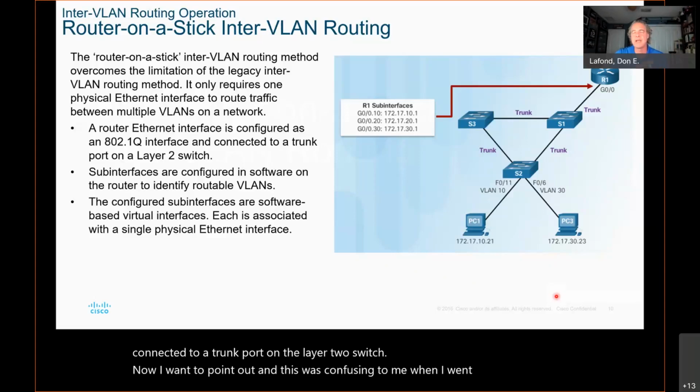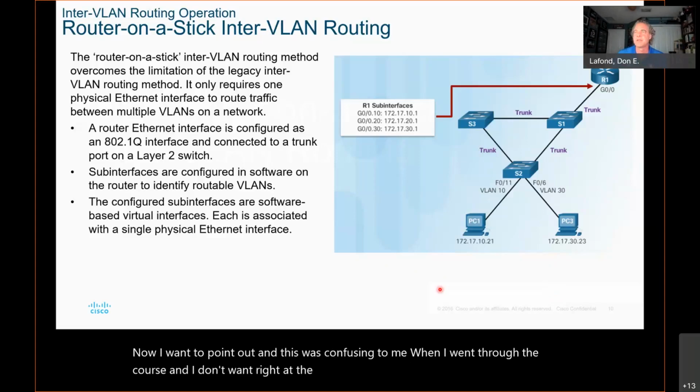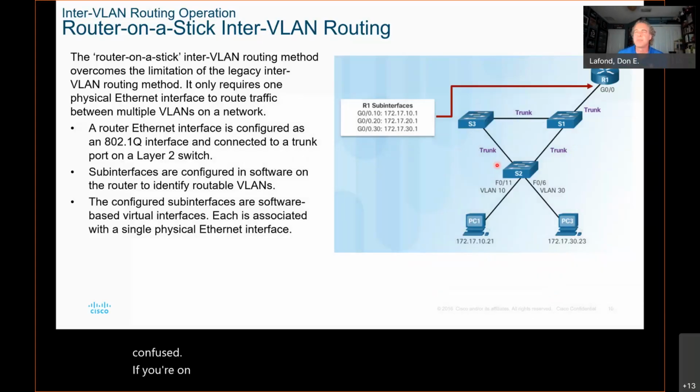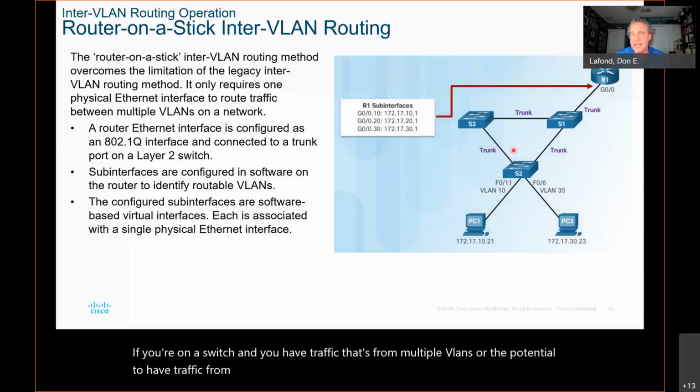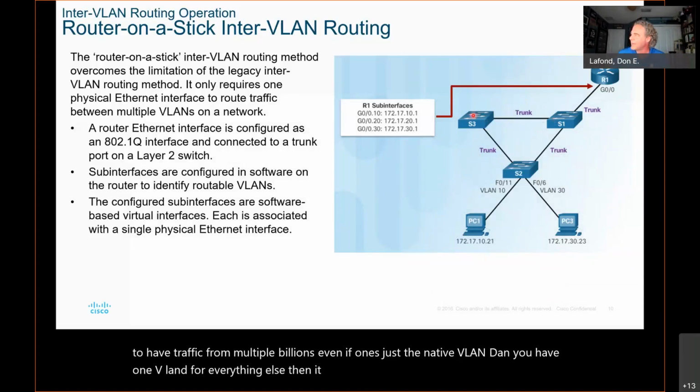Now, I want to point out, and this was confusing to me when I went through the course, right at the beginning, I do not want you guys to be confused. If you're on a switch and you have traffic from multiple VLANs, or the potential to have traffic from multiple VLANs, even if one's just the native VLAN and you have one VLAN for everything else, then it is a trunk port on a switch. Now, routers do not have trunk ports.